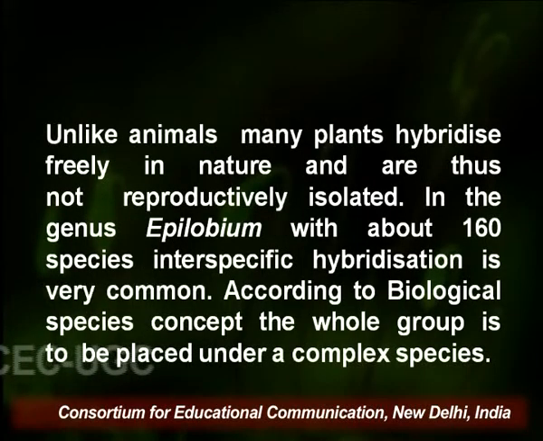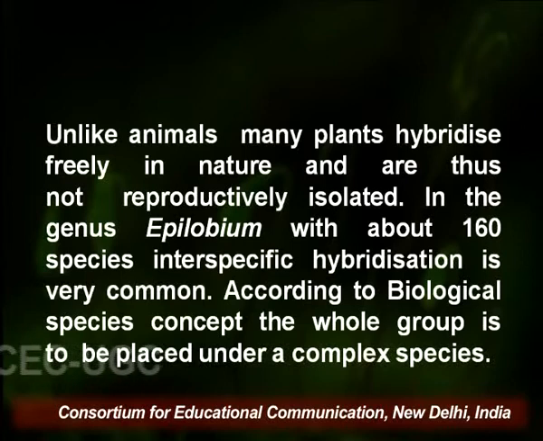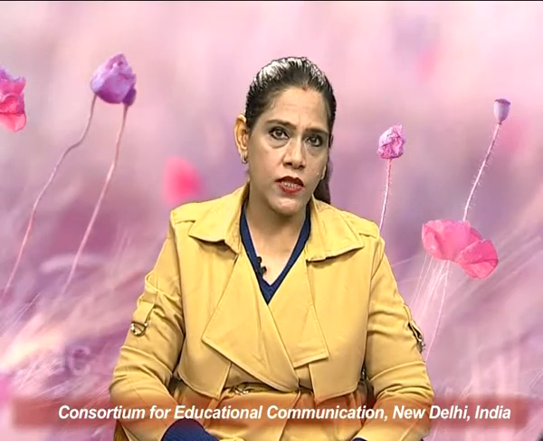Unlike animals, many plants hybridize freely in nature, as we very well know, and are thus not reproductively isolated. In the genus Epilobium, which has about 160 species, interspecific hybridization is very common. According to the biological species concept, the whole group is to be placed under a complex species.